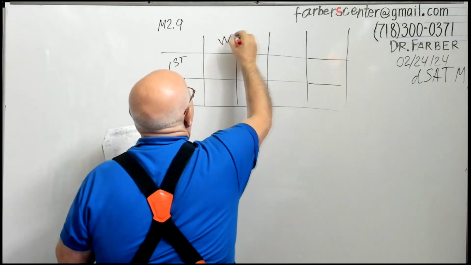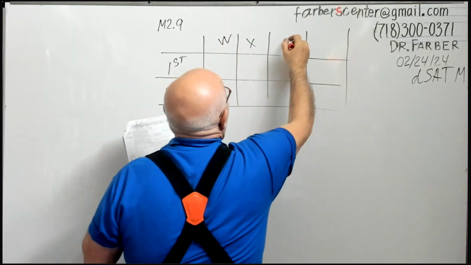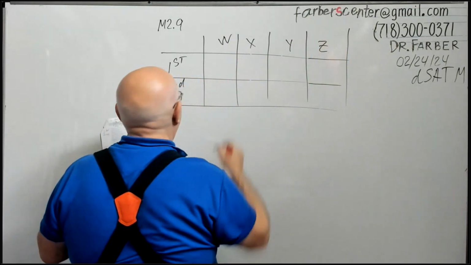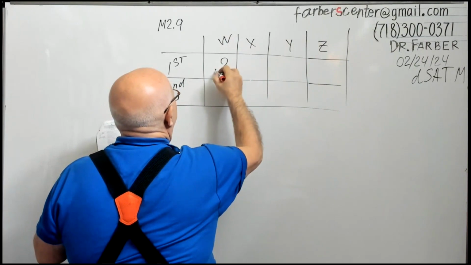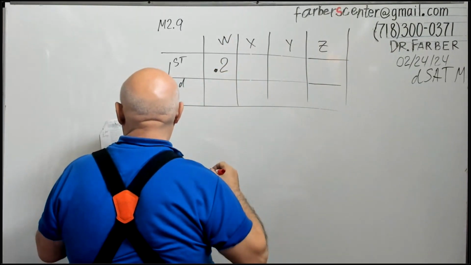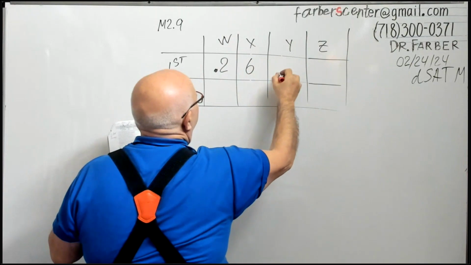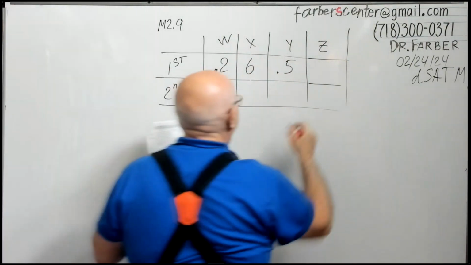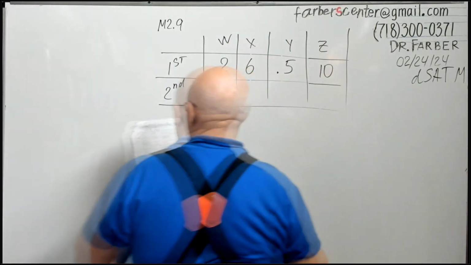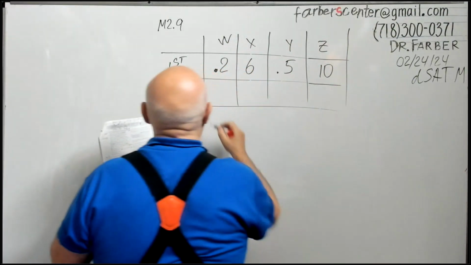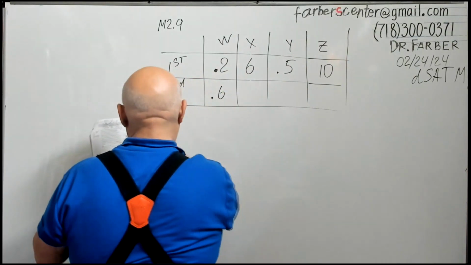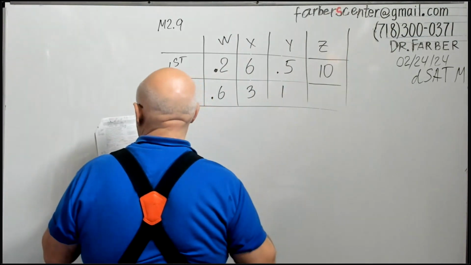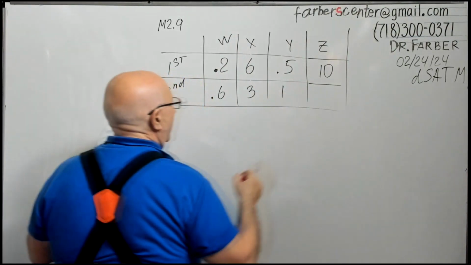W, X, Y, and Z. Check if I wrote correctly. 0.2, this is 6. 0.5, this I believe 10. 0.6, 3. 1. And 30.